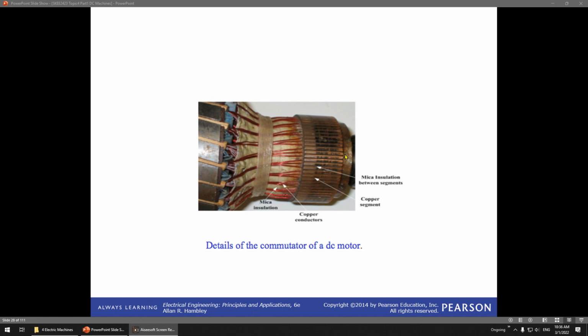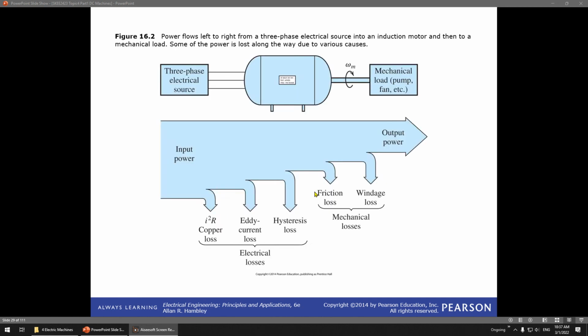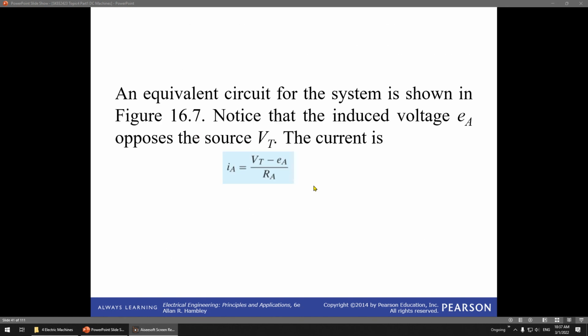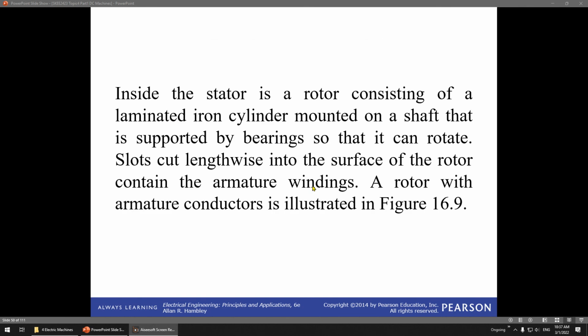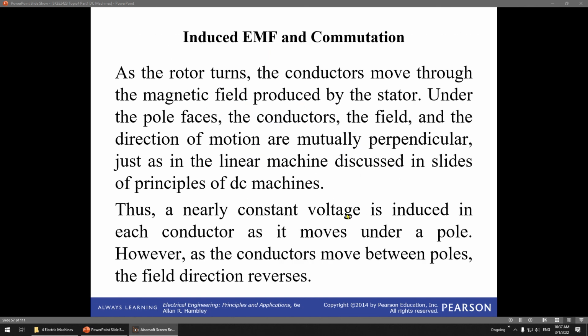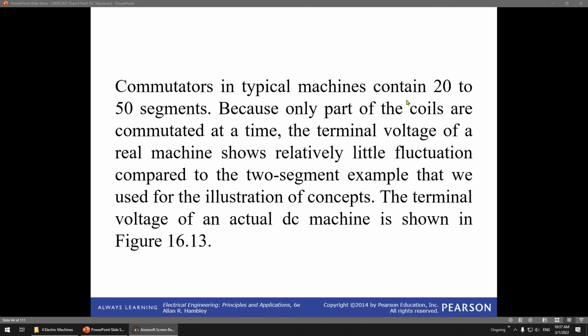This gap is much larger than the brushes. Try to imagine the brushes. You can see here the commutator has many segments. You have 20 to 50 commutator segments. It's not only two, there are a lot.